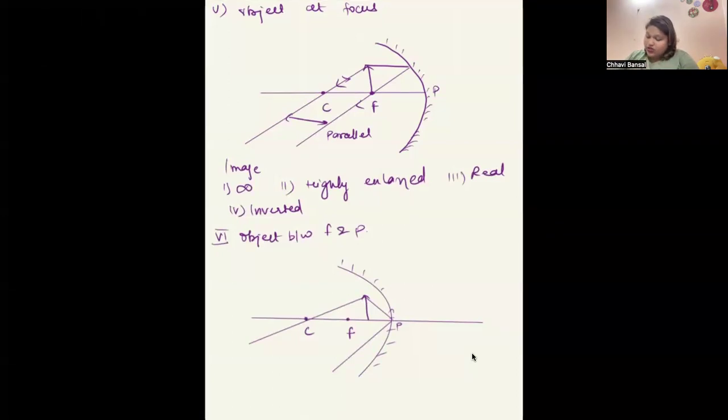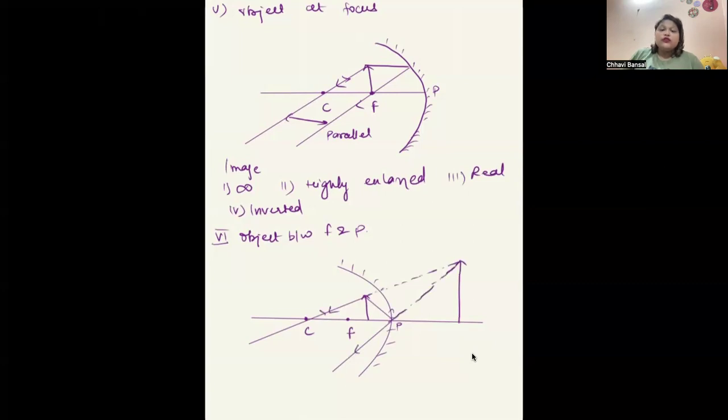Right? Now you see these two lines are divergent, meaning they are spreading away after reflection, right? It means they are never going to meet on this side, but if you extend them this way, they will meet behind the mirror.